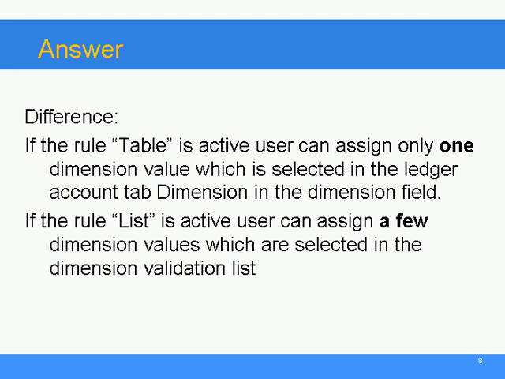And if you want the system to control a few concrete dimension values, you need to assign the rule list and define those dimension values in the dimension list. On the chart of account validation button, you can find the list, and you need to define dimensions in this list.